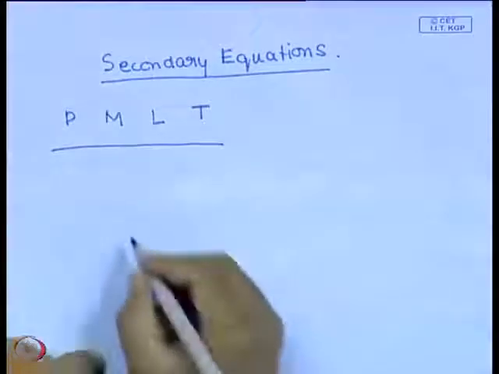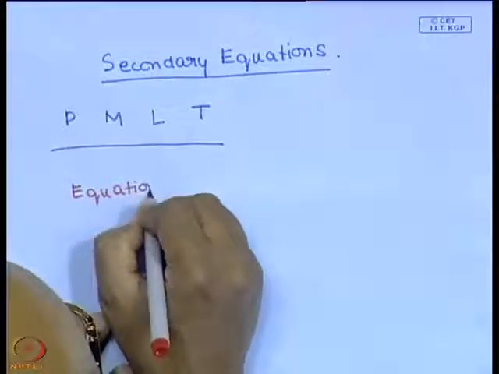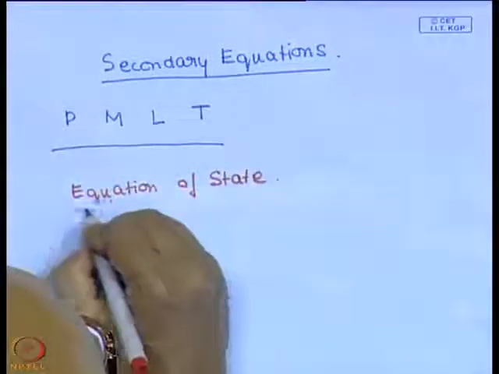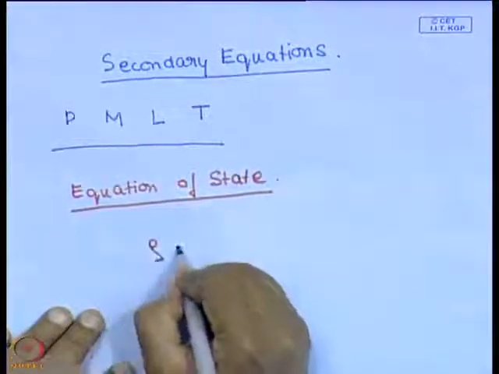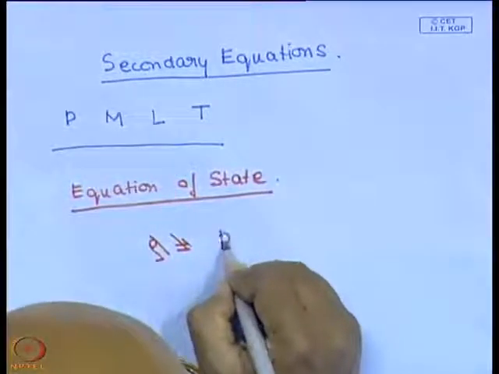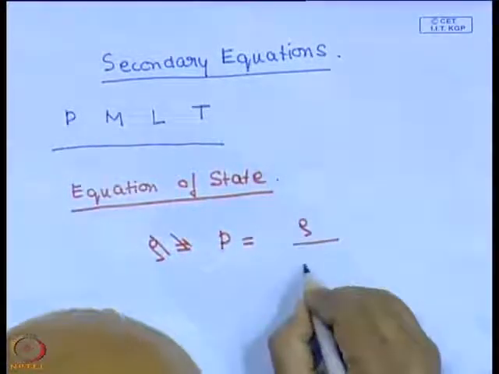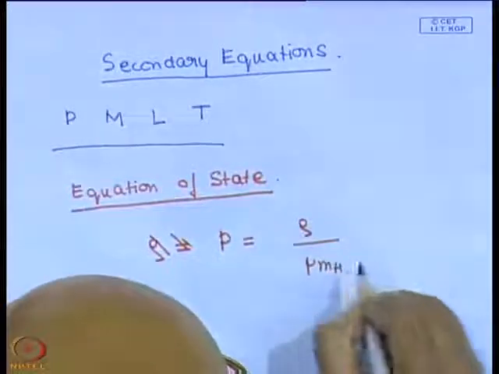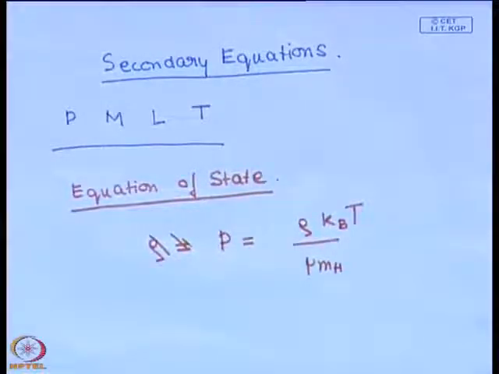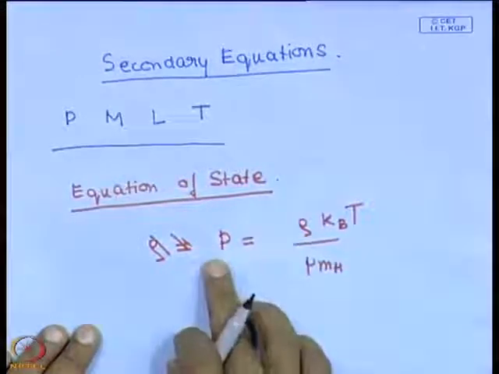The equation of state, I just wrote it down: P is equal to rho by mu mh kBT. You have to use this, right. So, if you use this, then the density is no longer an independent quantity, it depends on the pressure and the temperature.